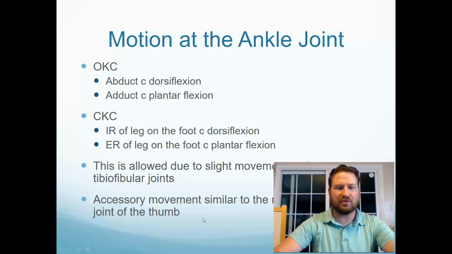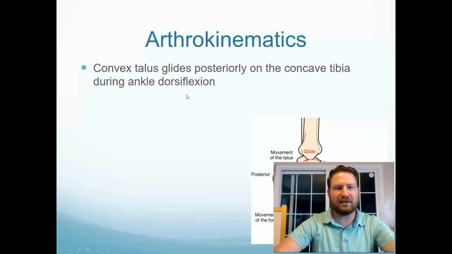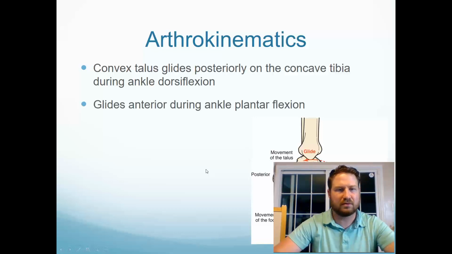Accessory movement is similar to the rotation of the CMC joint of the thumb. So our orthokinematics in an open kinetic chain, we have a convex talus glides posterior on the concave tibia during dorsiflexion. So it's an anterior roll with a posterior glide.